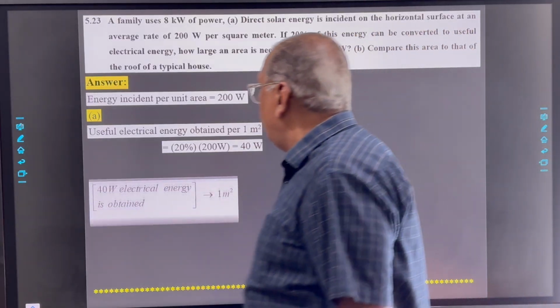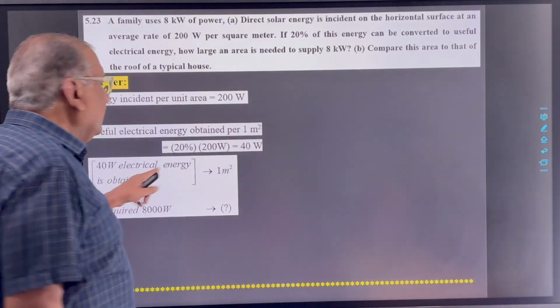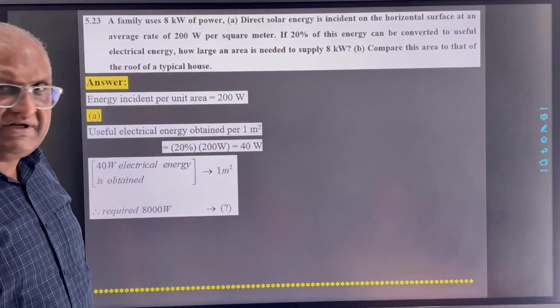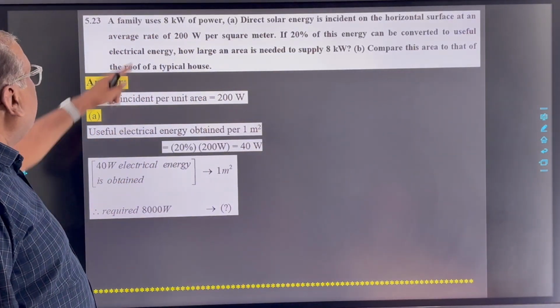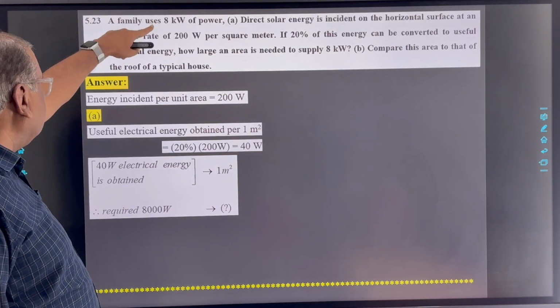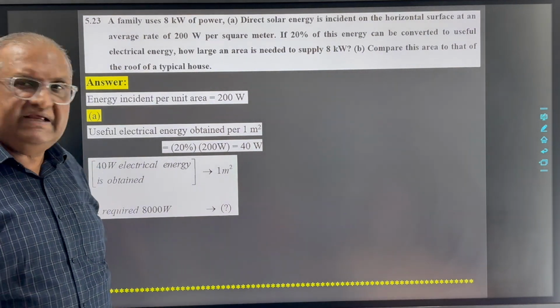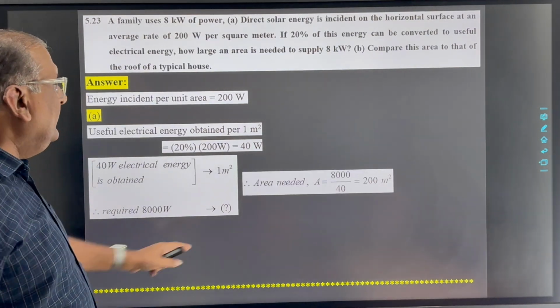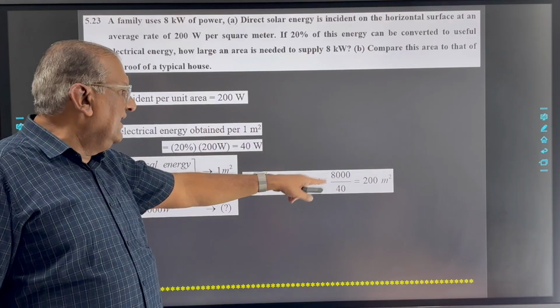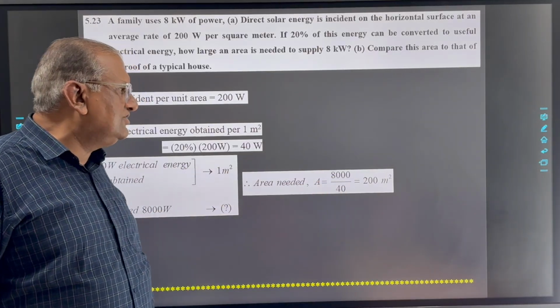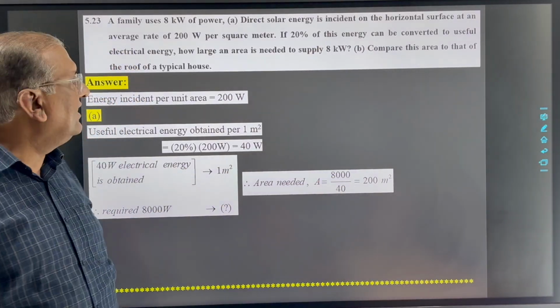Now 40 watt electrical energy is obtained from 1 meter square. Then our required 8 kilowatt, that is 8,000 watt, will be obtained from how much area? So area needed is 8,000 upon 40, that is 200 meter square.